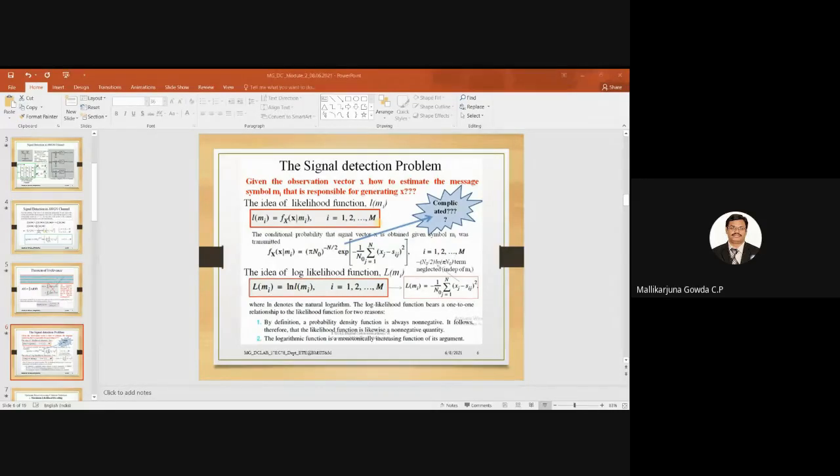As I said yesterday, it does not have any relationship with the transmitted symbol. That is why we don't consider the first term, which is constant. We only say the log likelihood function is minus 1 by n naught summation j is 1 to n of xj minus sij whole square. Fine.